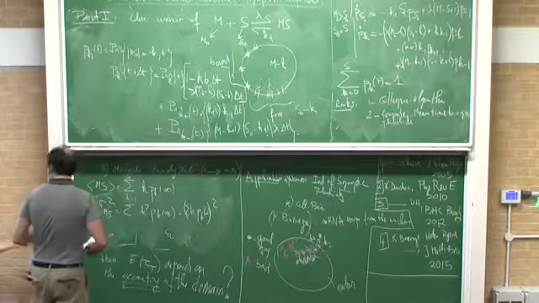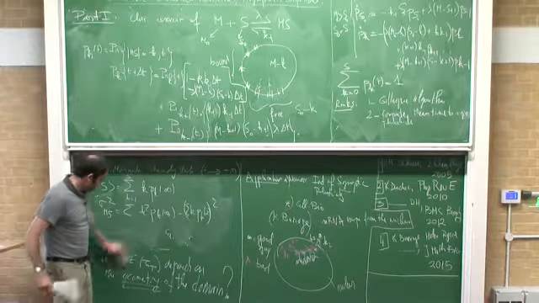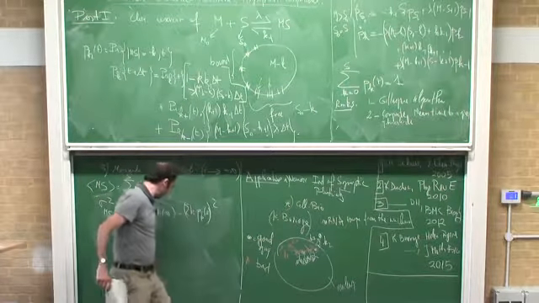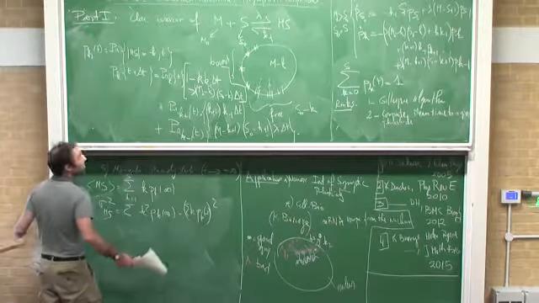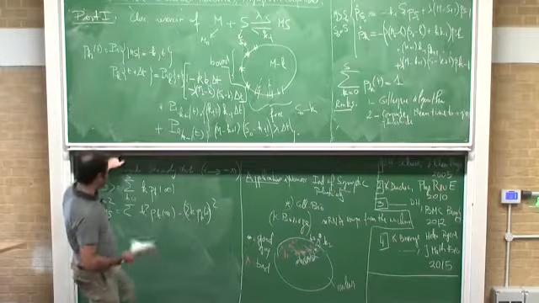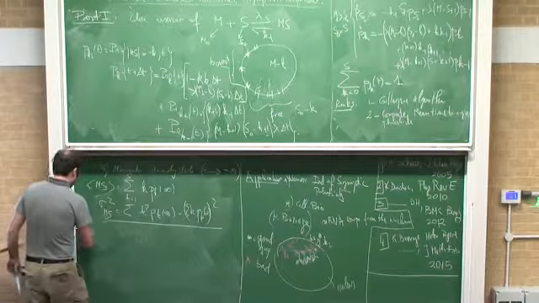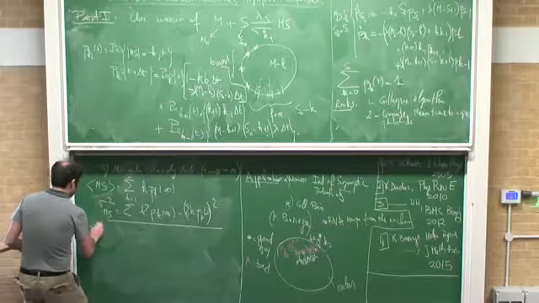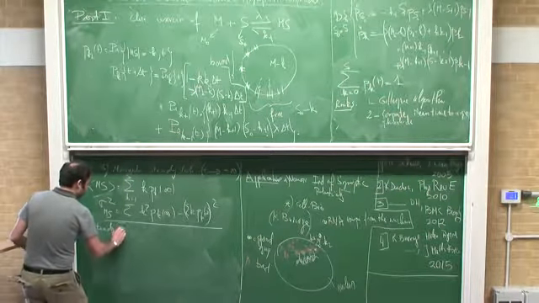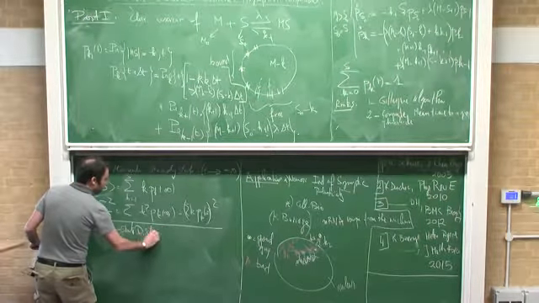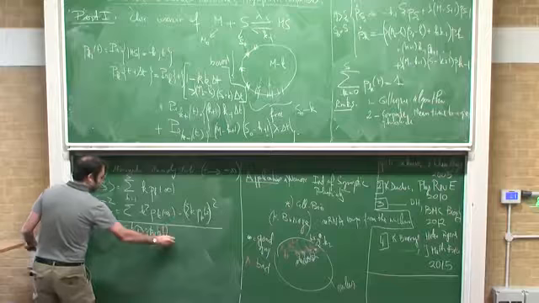So let me go to the steady state. How do we solve this? What is the solution? The solution at steady state can be calculated by induction. This is now the steady state distribution. So how do you calculate the steady state distribution?